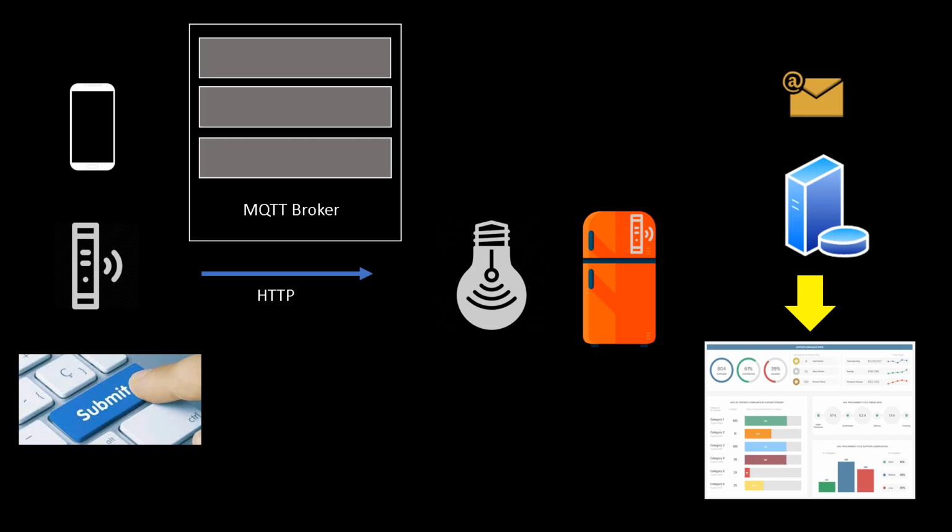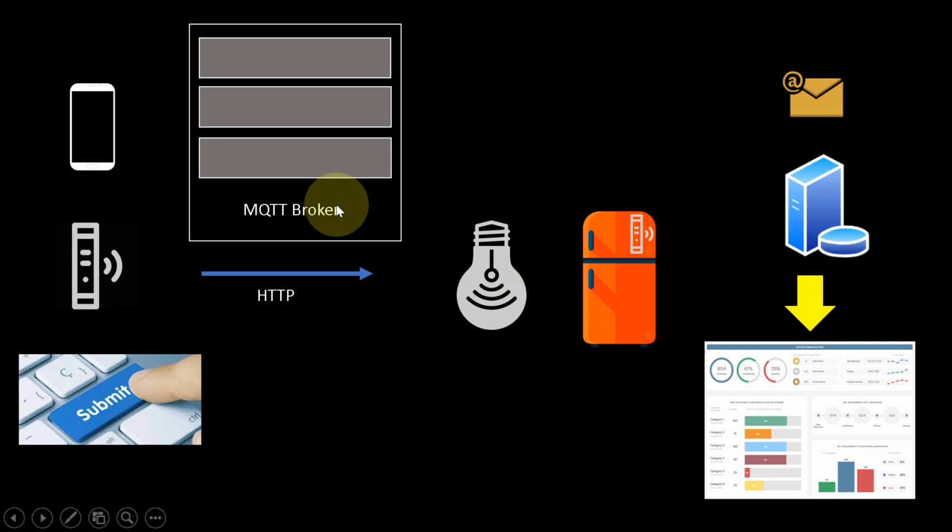But more and more MQTT is used, which is short for Message Queuing Telemetry Transport. An MQTT broker has various topics. When you want to do something, get the status of a device, or change the status of a device, you put messages onto a topic.